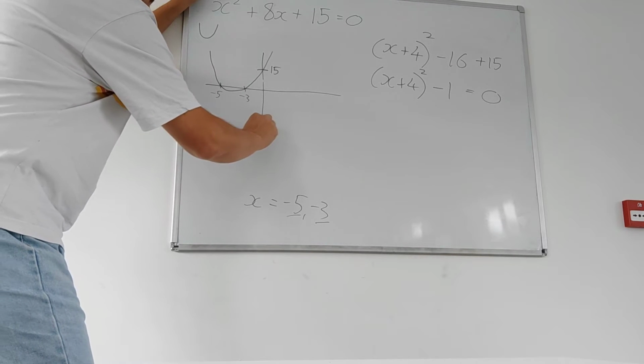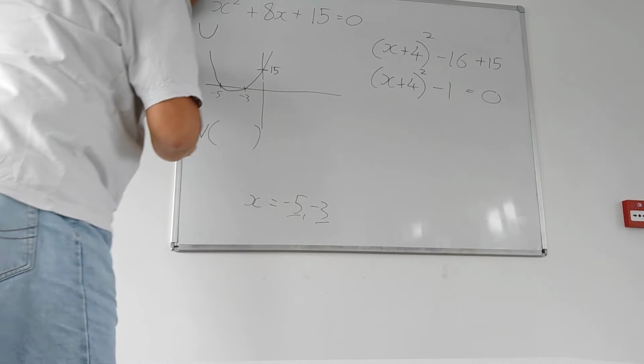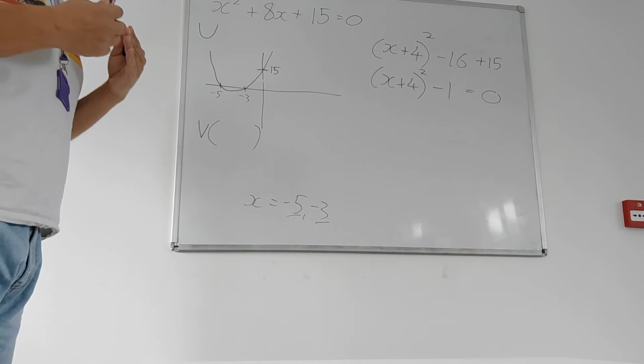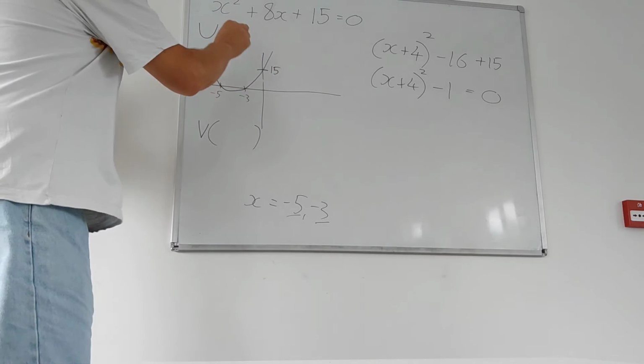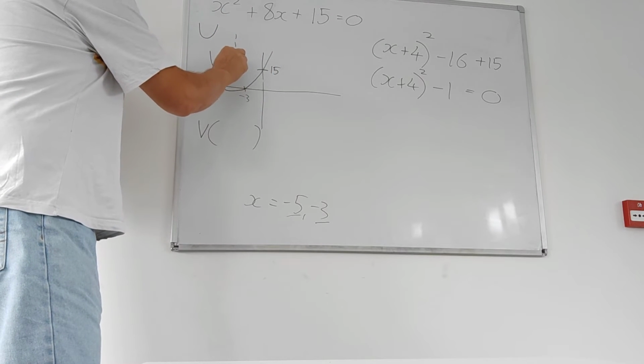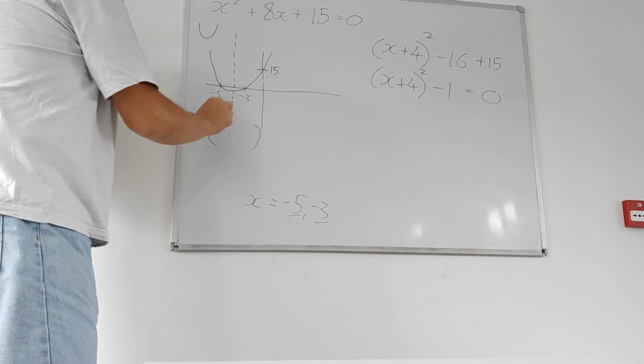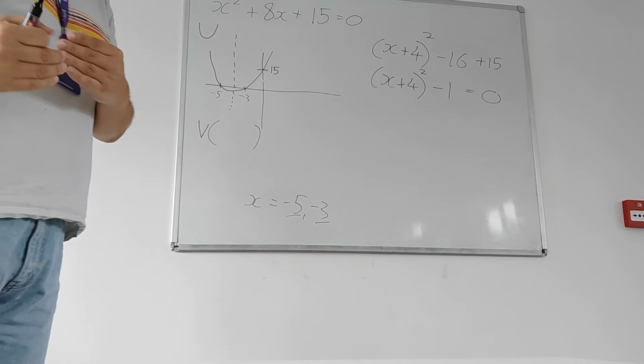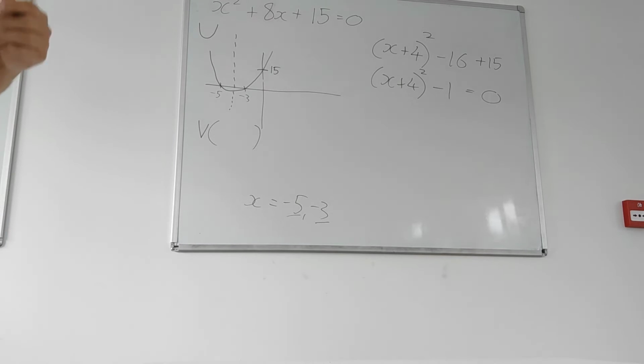So this is a new bit that we've not yet mentioned. They always use capital V for vertex. Or they will ask you to state the equation of the line of symmetry of the graph. So we're going beyond the stuff we've done before.